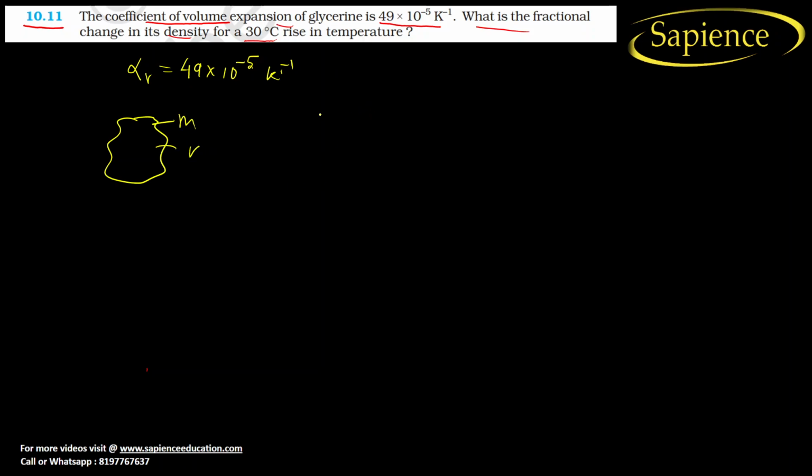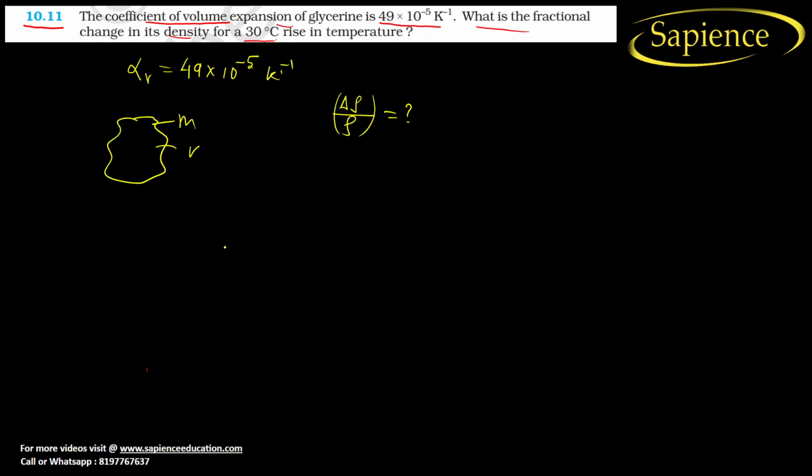Basically, they are asking that if we change the temperature, what will happen? It will expand. So definitely density will decrease. So what is the fractional change in the density? That is delta rho by rho.